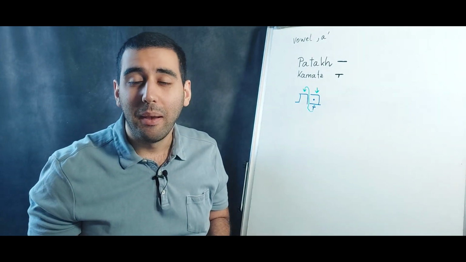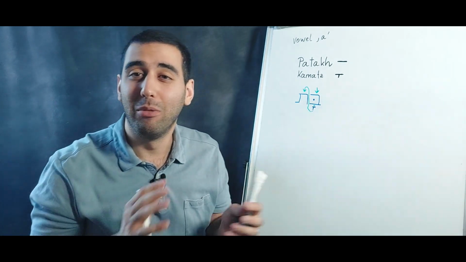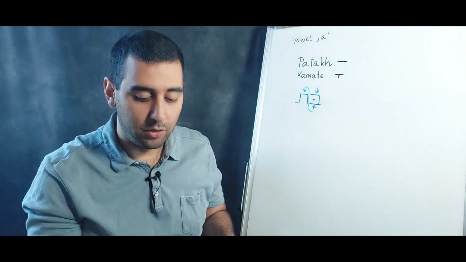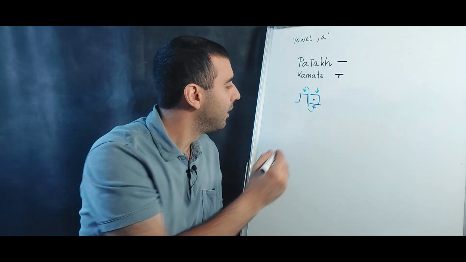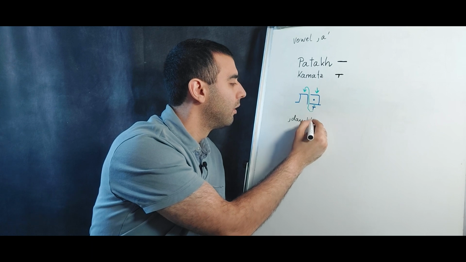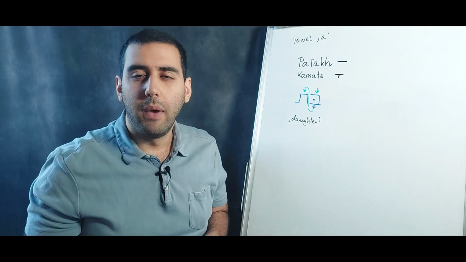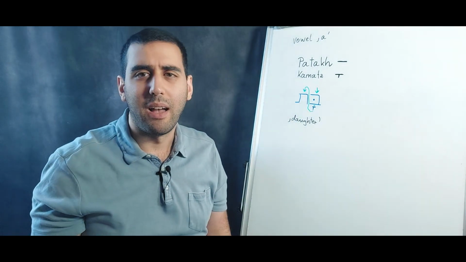And bat means not the English version of it, but the Hebrew version. Bat means in Hebrew daughter, daughter. Okay, let's write it in black. Daughter. And I think I remember that it's not a Kamatz, it's actually a Patakh.